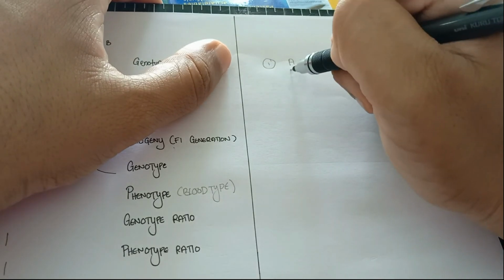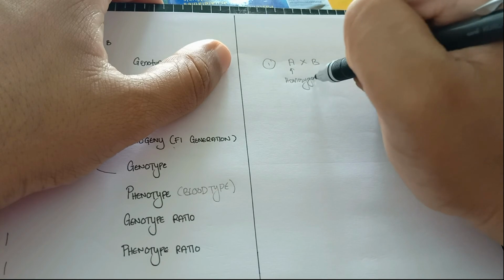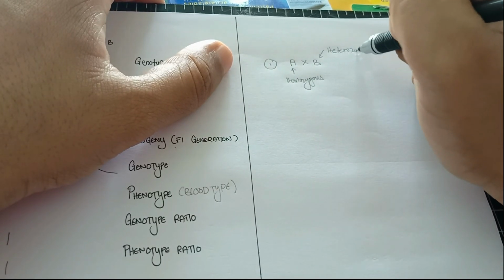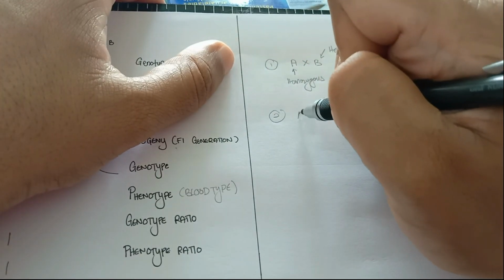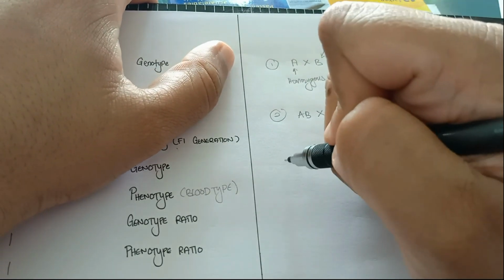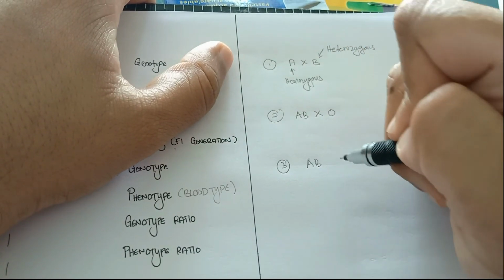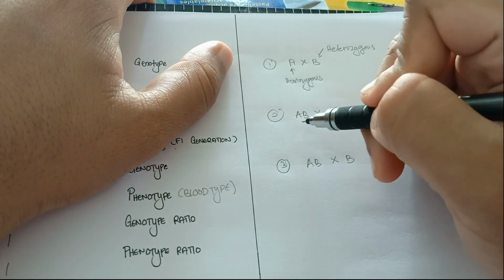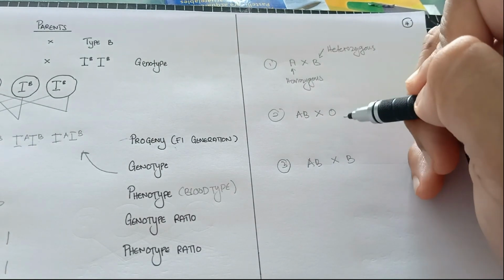A can be homozygous, B can be heterozygous. The second set, try for AB and O. And the third set, try for AB and B. Now for this I didn't mention homozygous or heterozygous, because AB is already heterozygous and O, as I explained just now, is recessive.